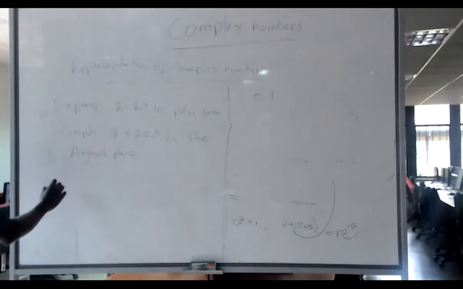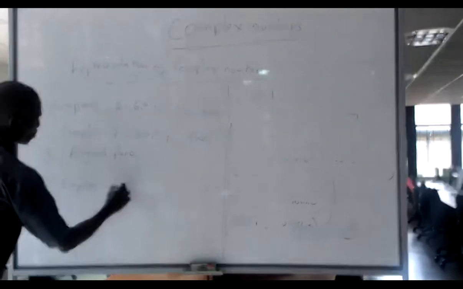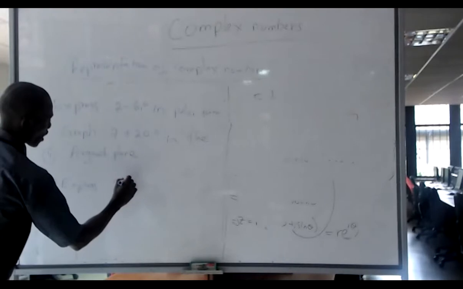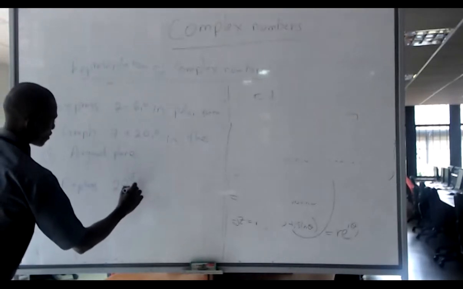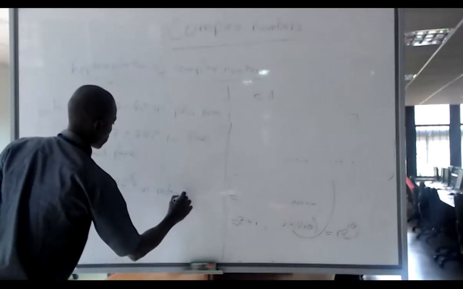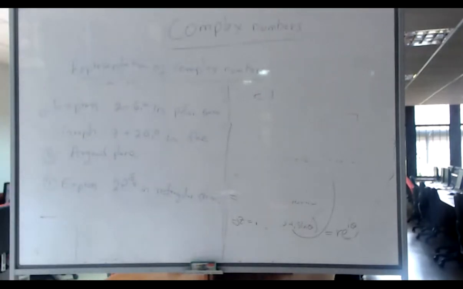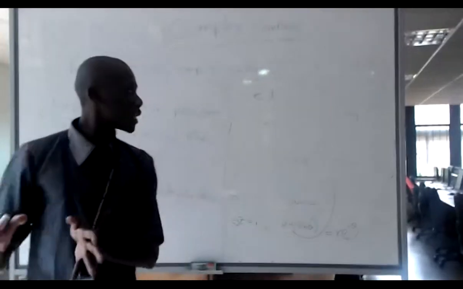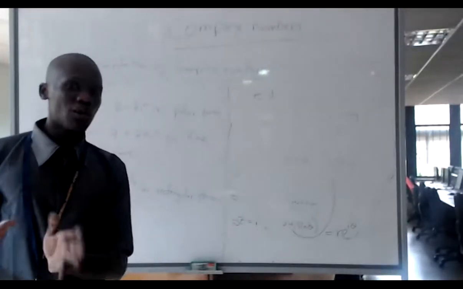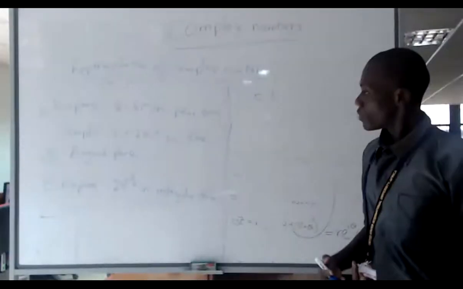I could also ask you to express maybe 2 e to the power i pi over 4 in rectangular form. These are possible questions from these three representations. So you should know how to move from one representation to the other, because depending on what you want to do with these complex numbers, either of those three forms may be preferable to the others.